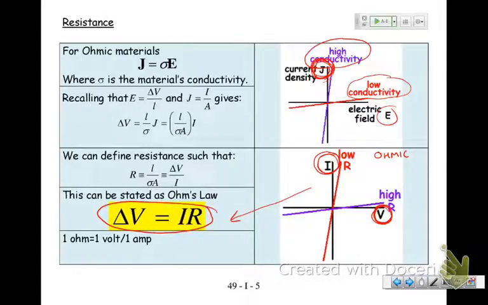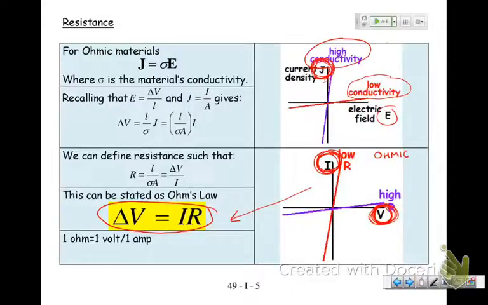And only one wrinkle. People will often tell you that the slope of this graph is resistance. And it's not. We plot it this way because current is the dependent variable and potential is the independent variable. We set the voltage, we get a current.